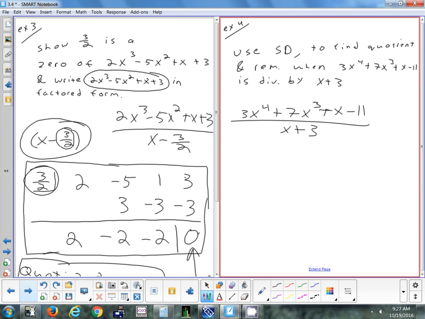Anyone think they can tell me what number I'm going to put in this bracket? Bria? Right. Think of it like this, x minus 3. That's what you're dividing by.